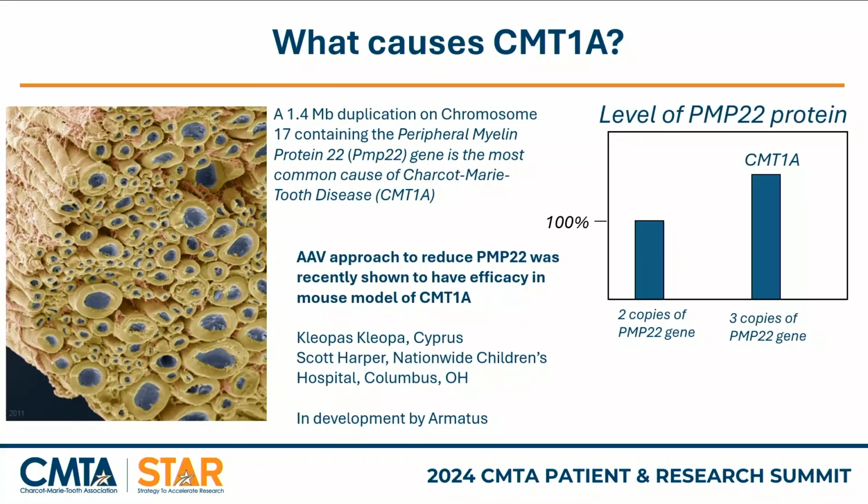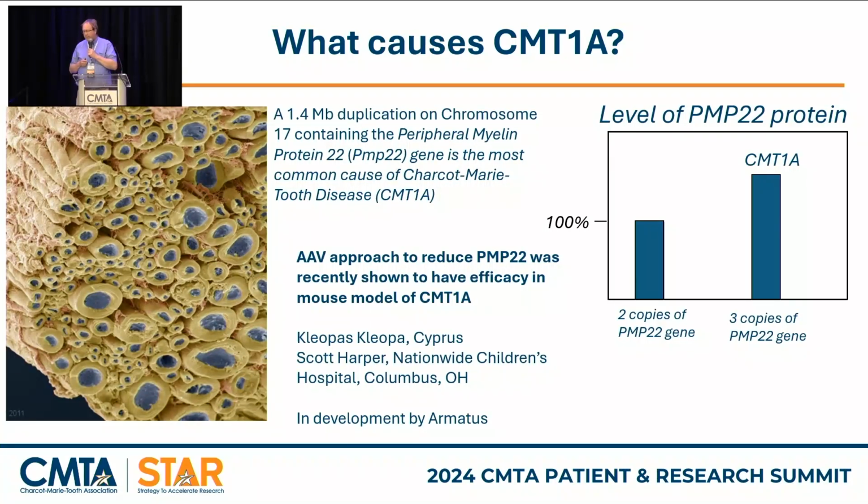Now, for demyelinating CMT, just to remind you, the problem there is really the excess amount of PMP22, and the fact that we're able to reduce that. This has been shown to be successful in various ways in animal models of CMT. In fact, one of the major success stories is a demonstration that this works in animal models.